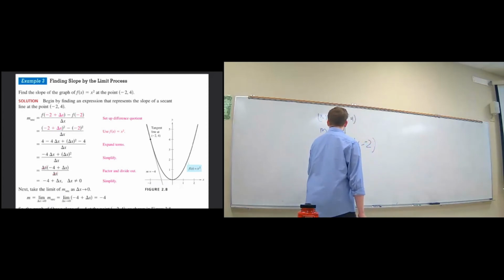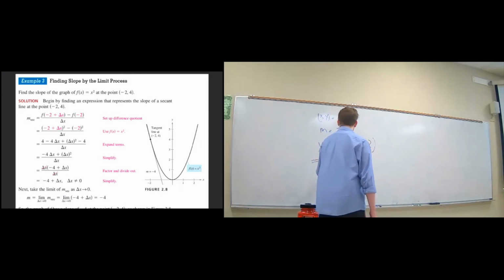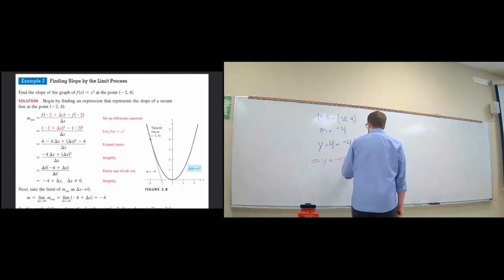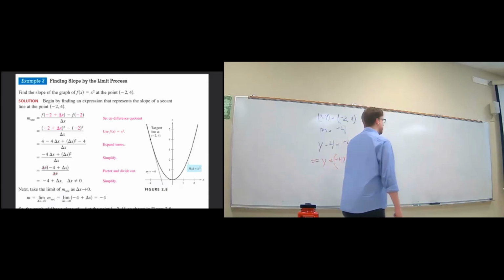So y is equal to -4 times x, -4x. We can replace that with addition of 2, right? Minus -2 is the same as adding 2. So this gives us -8 plus that whole.